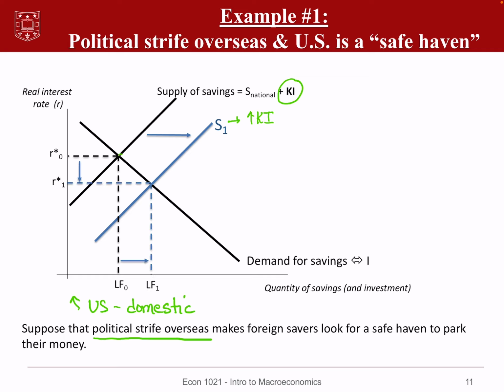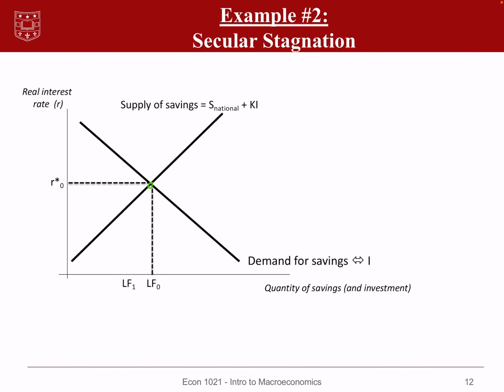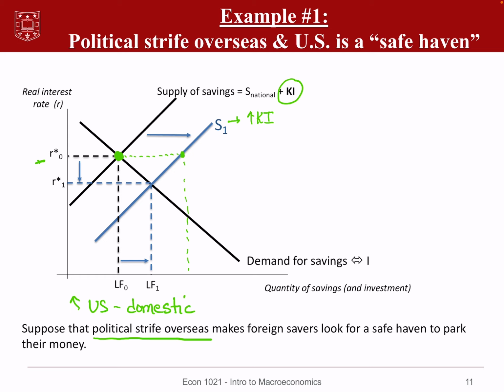Well, again, it's the same kind of thing that we had at the beginning of the semester. We would note that the initial equilibrium interest rate can no longer be the equilibrium interest rate because the quantity supplied of loanable funds is bigger than the quantity demanded of loanable funds at this initial interest rate. And so there'd be downward pressure on the interest rate. And the interest rate would ultimately fall to this one, R1.